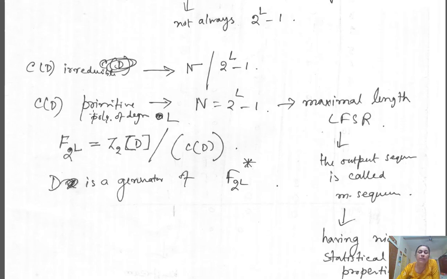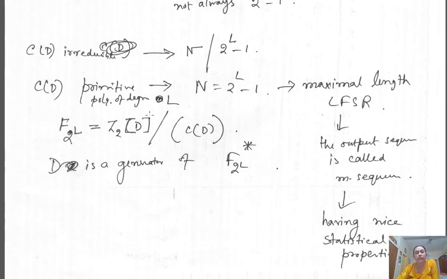And this C(D), by which you are dividing, which helps you to form this field, is called a primitive polynomial. If its root generates this, then this is a primitive polynomial. I hope you have understood this. So D equal to alpha is a generator of this field except 0. This star means essentially 0 I am excluding.